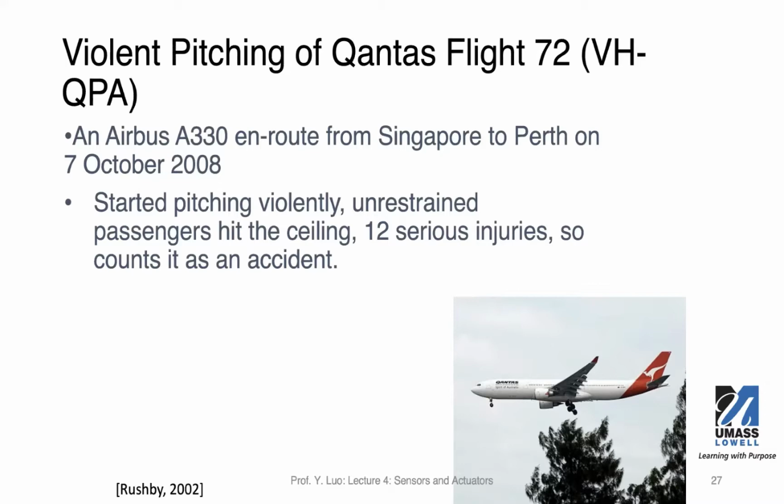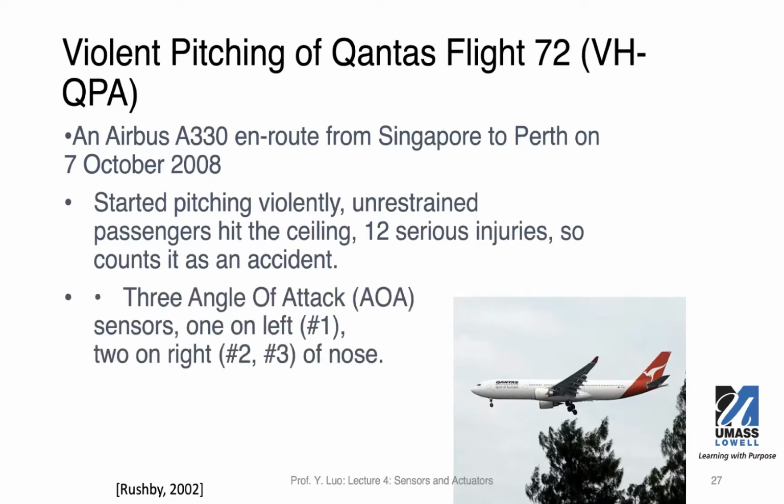Well, not necessarily the sensors themselves, but also control systems. This is the case on the A330. In this flight, they had three sensors to be exact, one on the left and two on the right of the nose of the aircraft.